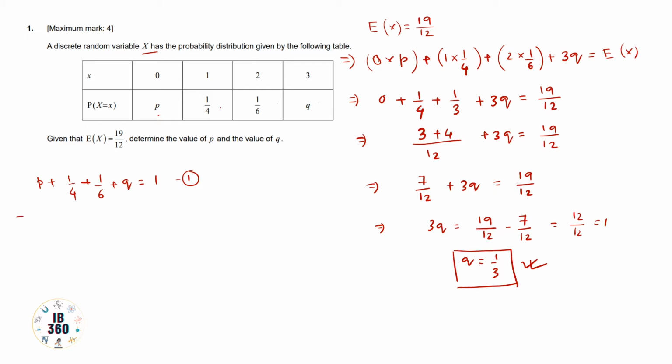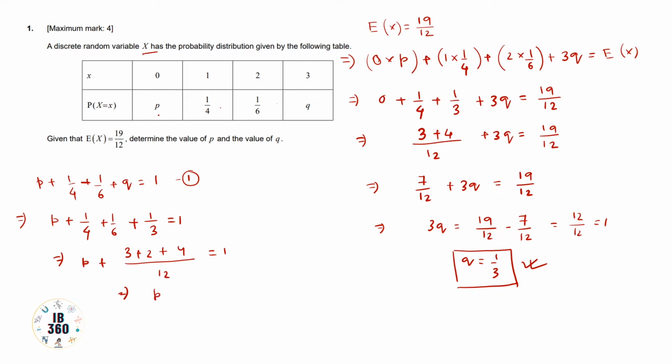Now we will find out the value of p from this equation, that is p plus 1 by 4 plus 1 by 6 plus the value of q, which is 1 by 3, equals 1. Here you can see the LCM will be 12. So 3 plus 2 plus 4 over 12.